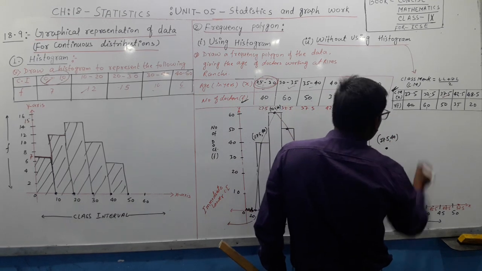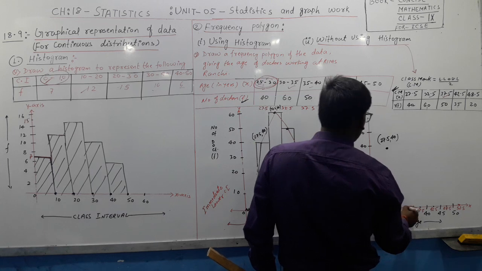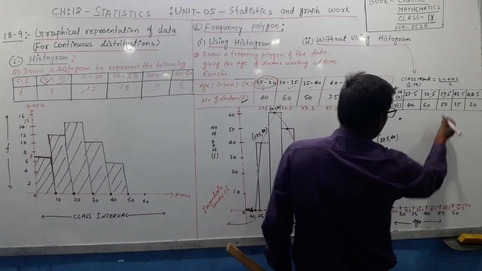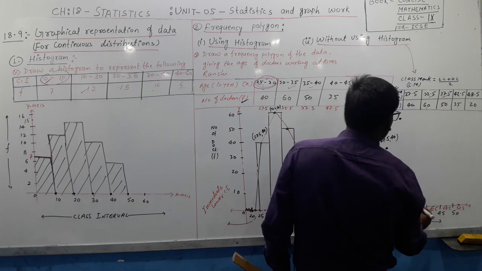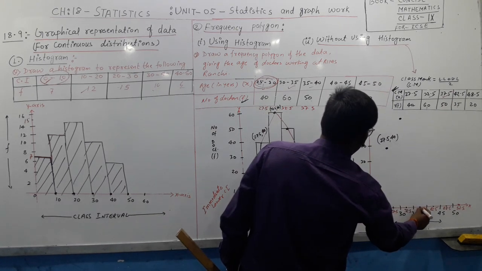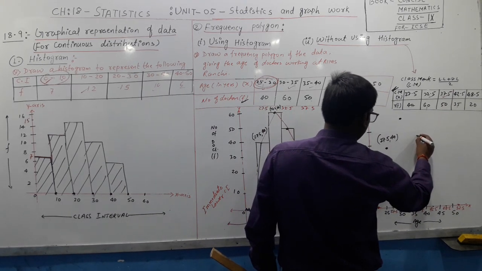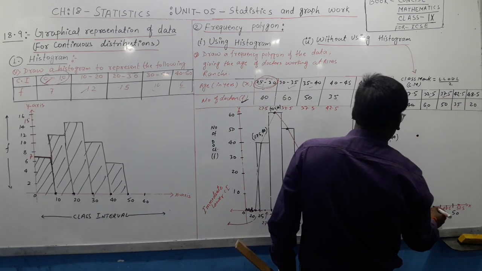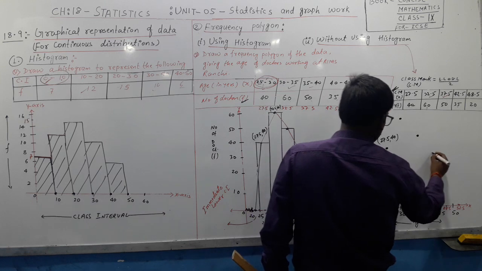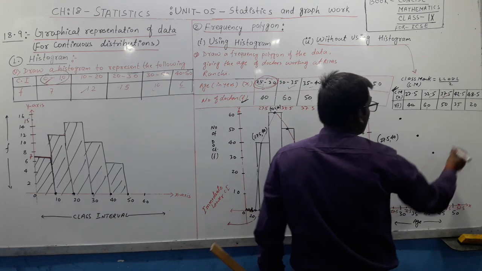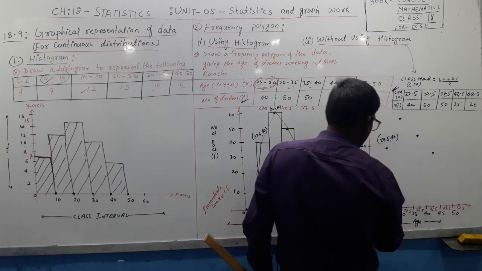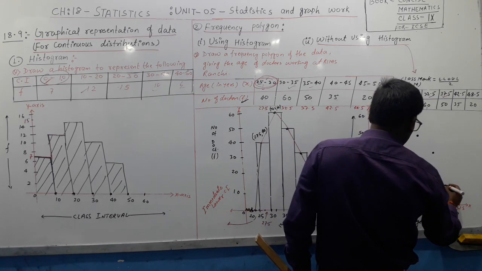And similarly for 32.5 and 60, near about here, and 37.5 and 50, near about here, and 42.5 for 35, that means nearly here, and 48.5 is 20, that means almost here.